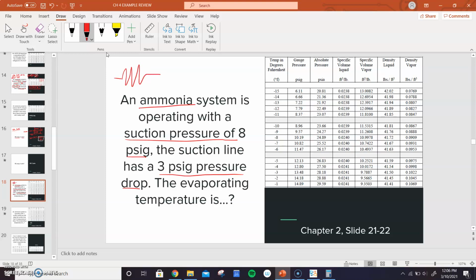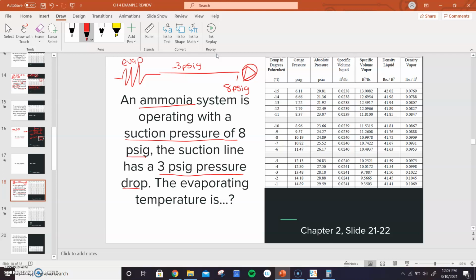Let's draw it out. All right, so we have our evaporator, and we have our compressor. Now it says our suction pressure, so to our compressor, is 8 psig. And somewhere in this line, our suction line, we have lost 3 psig.